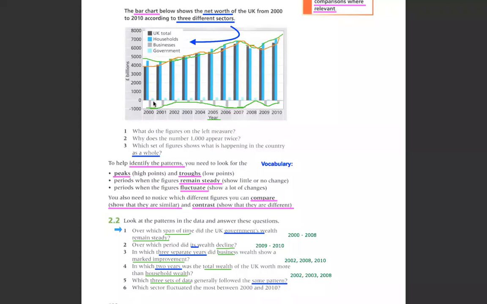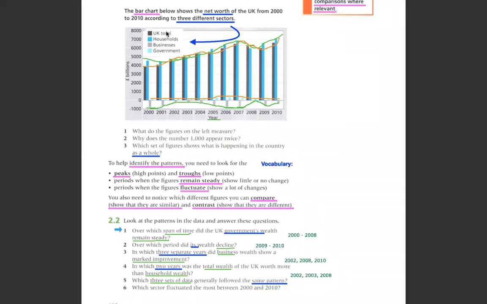okay, think about all those similar. If we have a look at this, so which 3 of these have a similar pattern, which means they go up and down at similar points. So I want you to type household, business, government, total in the chat box.